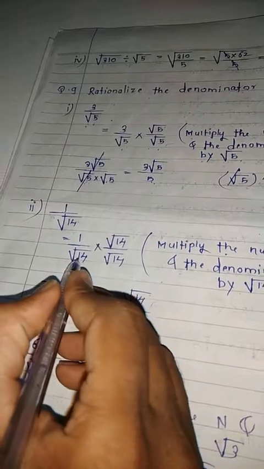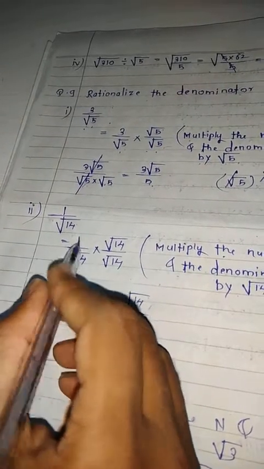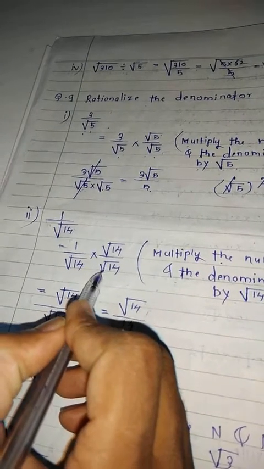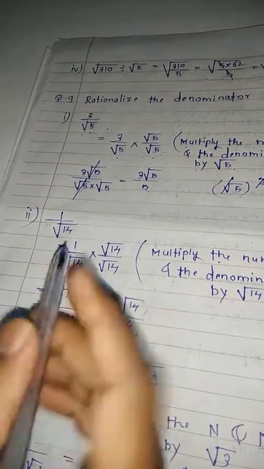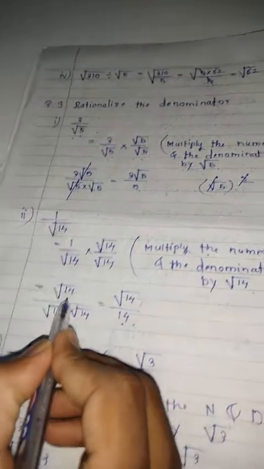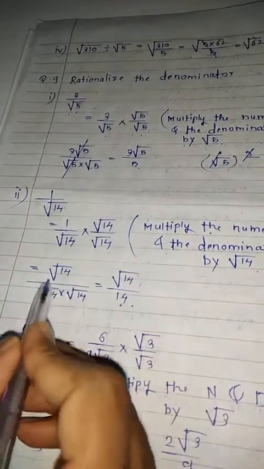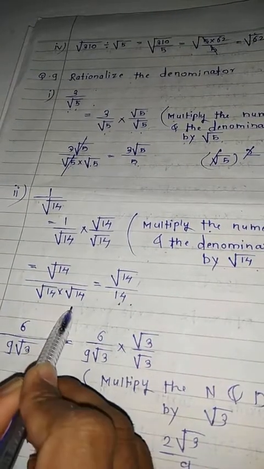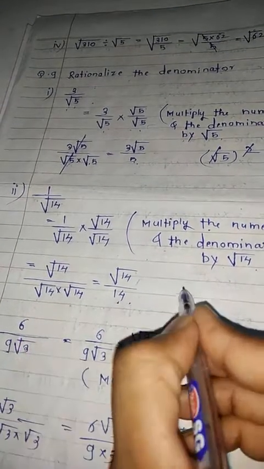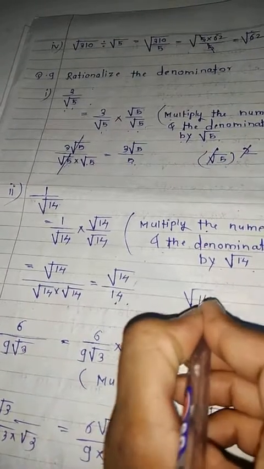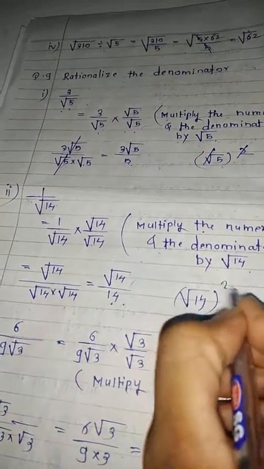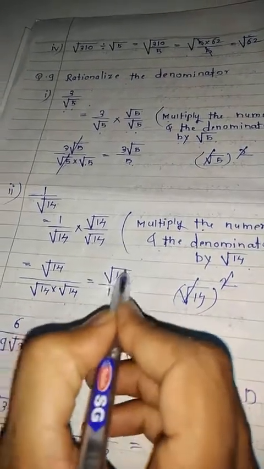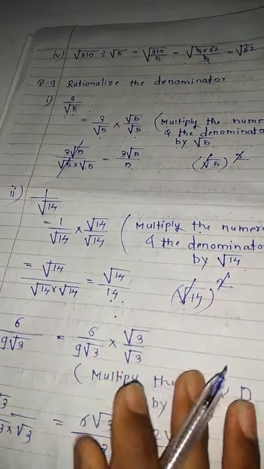Root 14 into root 14 is the same number, so the square and the root cancel. So the answer is root 14 upon 14.